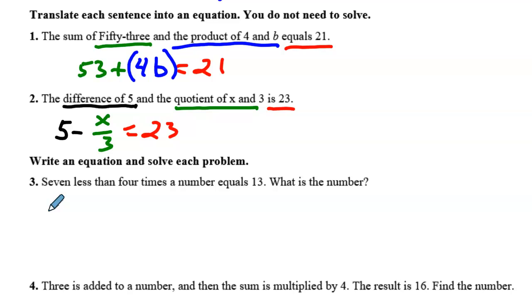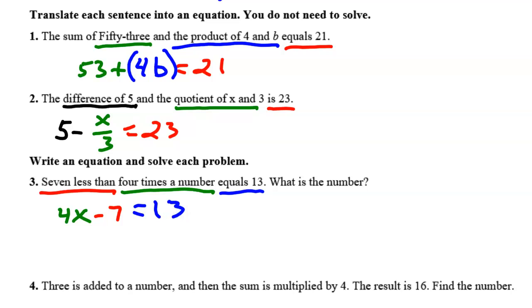All right, so 7 less than 4 times a number equals 13. Well, 7 less than something means we're going to subtract 7 from something. The something here is 4 times a number. So we'd say 4x. Now we want 7 less than that, so we're going to say minus 7. And then that is equal to 13.